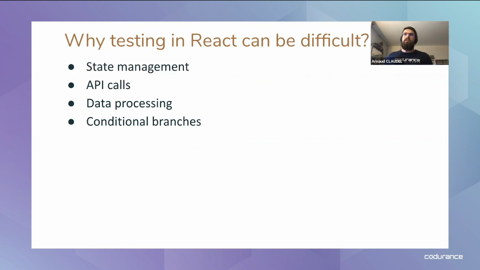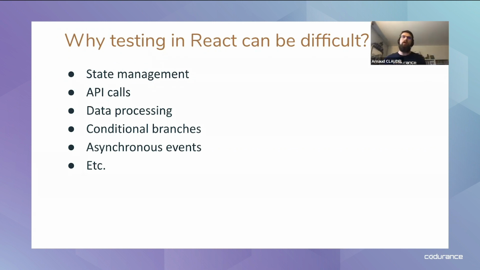We're going to consume our states, so we're going to have some conditional branches, render some stuff if we're logged in, if we have an admin, some sort like this. We have user interactions. So there are many asynchronous events. There are many, many different types of complexities in React.